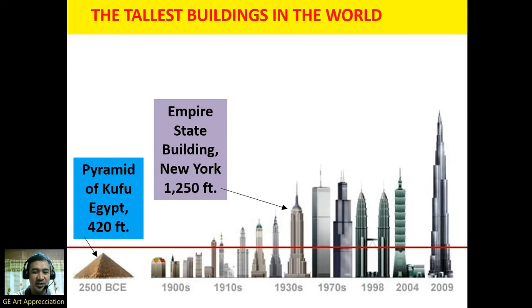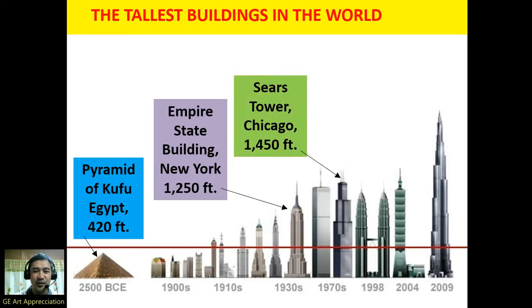It has 420 feet during 2500 before Christ. Sumunod nun, during 1930s, ang pinakamalaking building sa buong mundo ay the Empire State Building in New York. It has 1,250 feet.